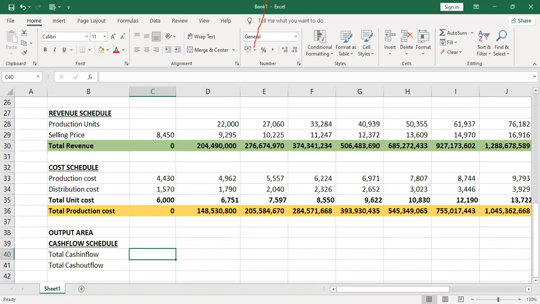There is no inflow in year 0. What constitutes your total cash inflow is the total revenue. So press the cursor here, press equals, go and click on your total revenue in year 0, which is 0.